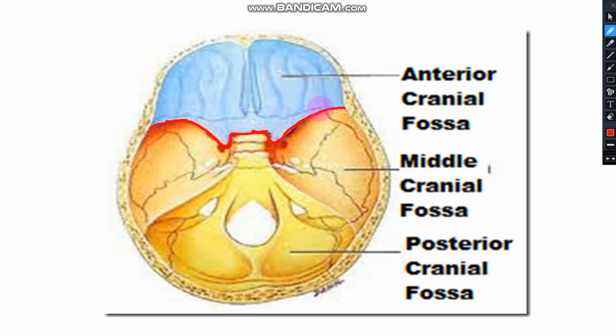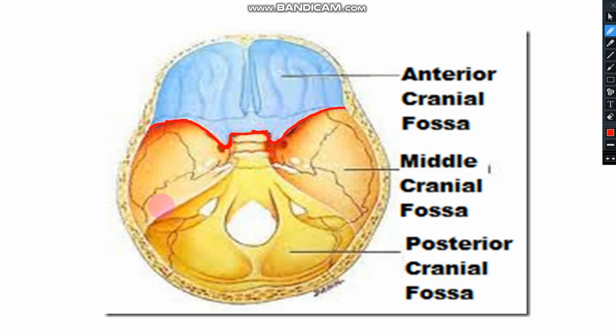So this is the lesser wing of sphenoid and this is the greater wing of sphenoid, as well as the anteroinferior angle of the parietal bone, and the squamous part of the temporal bone.